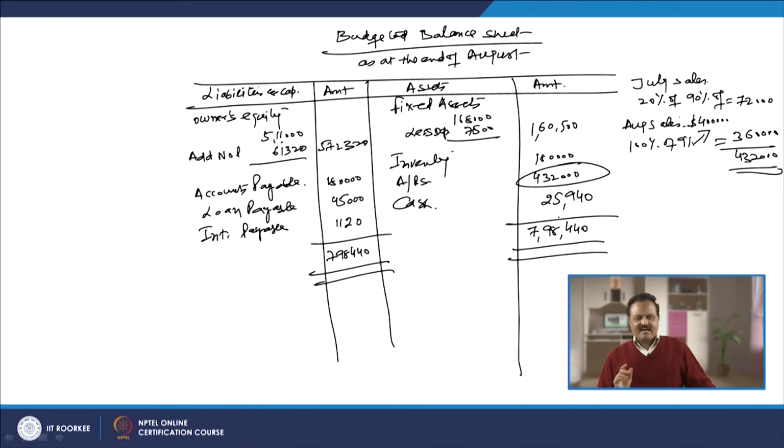Finally, when we prepare the balance sheet, we put on one side the capital and liabilities, and on the other side we put the assets, and finally we could find out that the budgeted quarterly balance sheet is a balanced balance sheet.